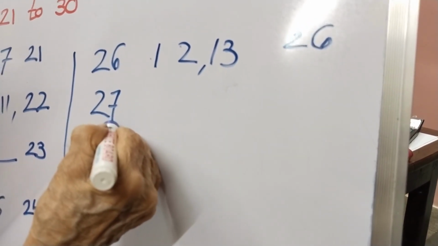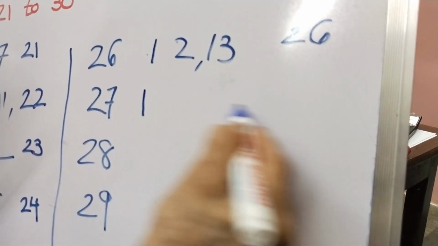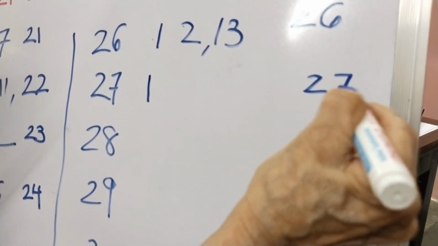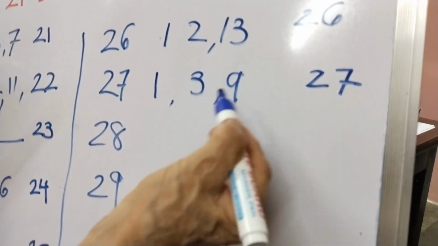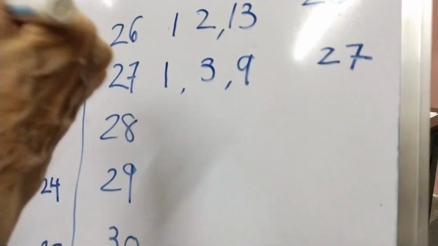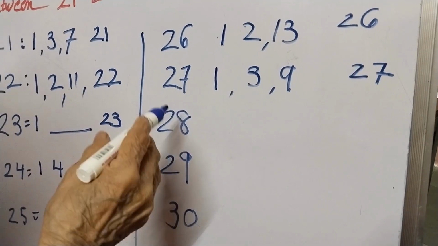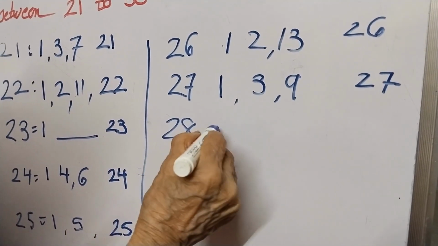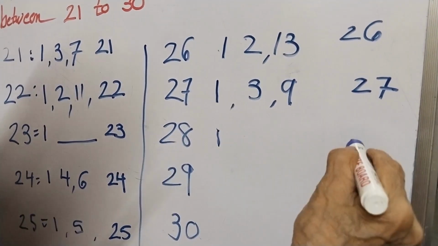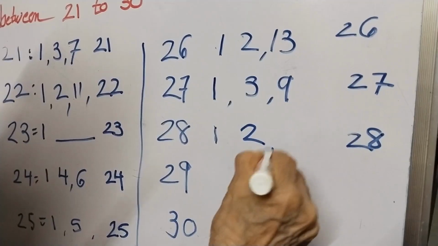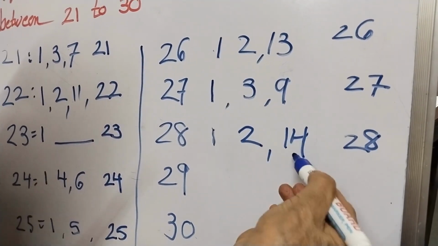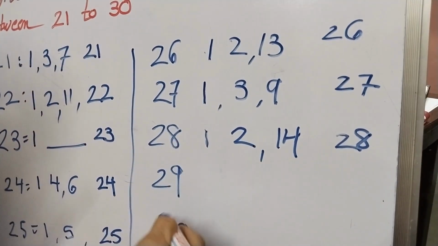We come to 27. 1 as a factor, 27 as a factor, and in between factors like 3 and 9 because 9 3s are 27. Now 28's factors. 1 is a factor, 28 is a factor, 2 is a factor, 14 is a factor, so 14 2s are 28.